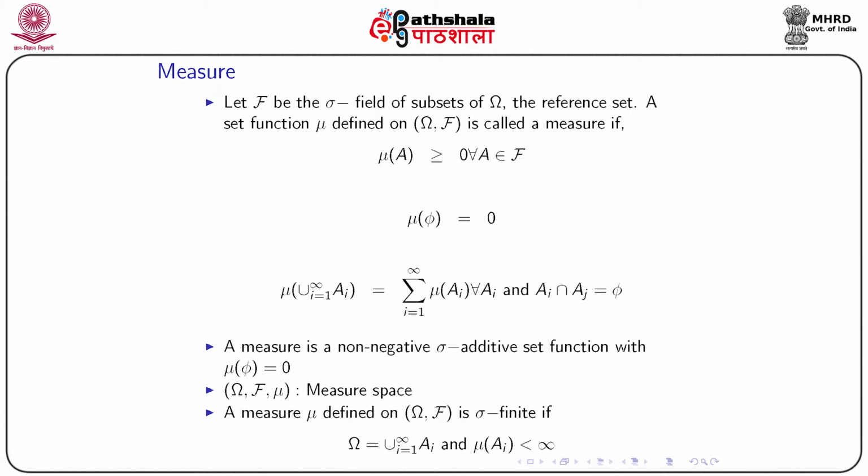A measure mu defined on this measurable space omega and script F is called sigma finite if omega, which is exhaustive of all these A1, A2, A3 and countable unions, that is, if omega is equal to the union over i from 1 to infinity of A_i, and the measure of each set is finite, then we call mu sigma finite.